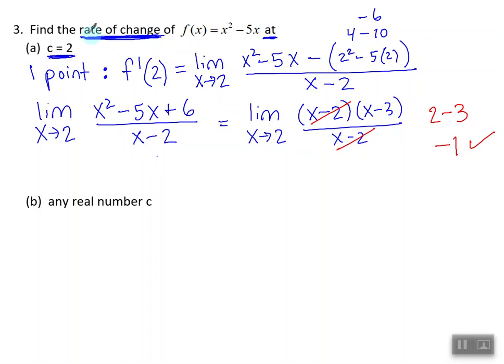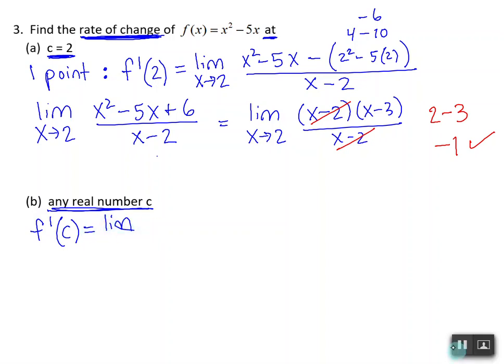How about the rate of change of the function at any real number c? Well, in this case, it's still at one point, so it's still the derivative, but it's the derivative at any c value. Let's see how that looks different.